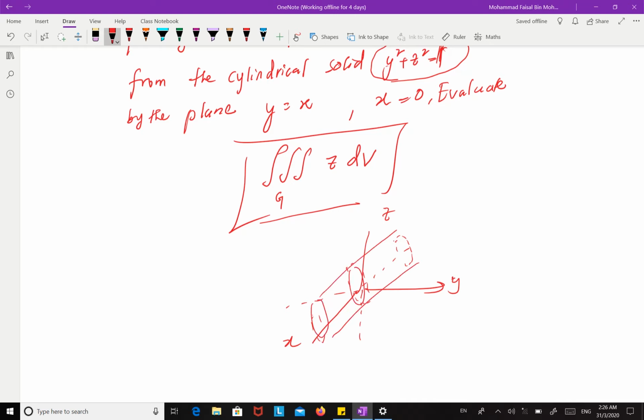Your cylinder should be parallel to x, but only in the first octant. Another one is y equals x, which means this is x, this is y, somehow in between here. So this cylinder is a curved cylinder.